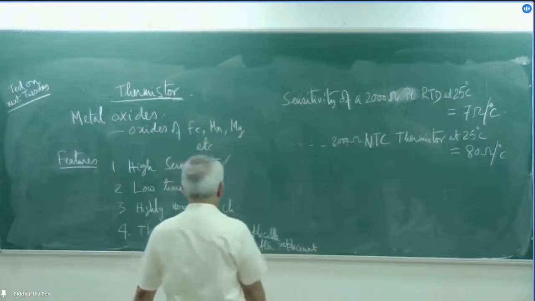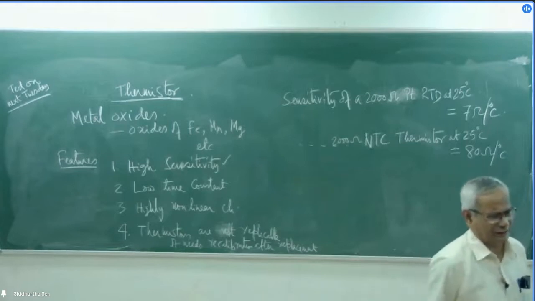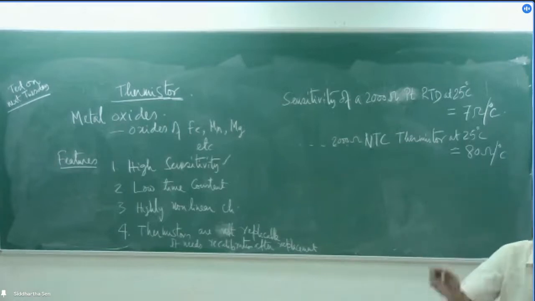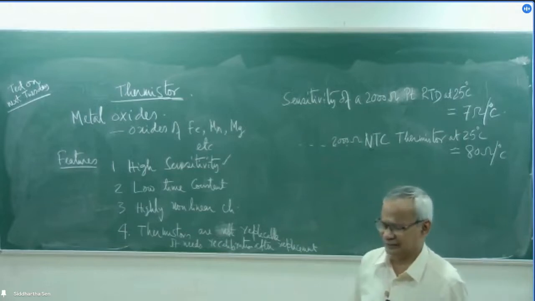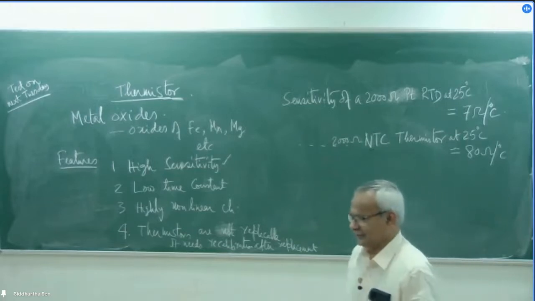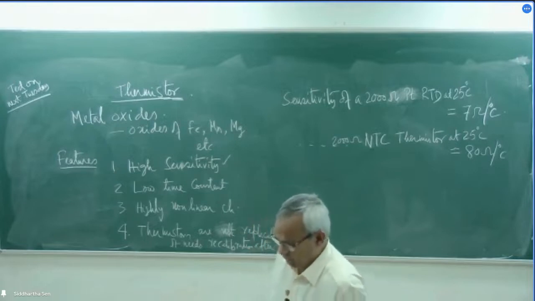Thermistors are in general not like an RTD, because that is a platinum one. If you produce 100 platinum RTDs, you will find their characteristics and resistance and all the things are identical. Even with thermocouples, you can easily replace them.